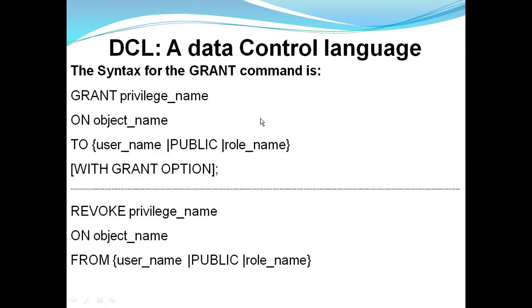For example, manager is a role, correct? Salesman is a role. Now, we create a role and we grant a privilege to that particular role. Then that role we give to the users of those particular roles. So automatically, all the privileges which we have granted to the role will be granted to all users who have that role. Okay. Let's understand with an example.